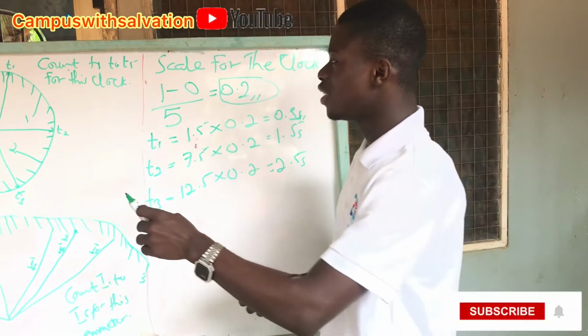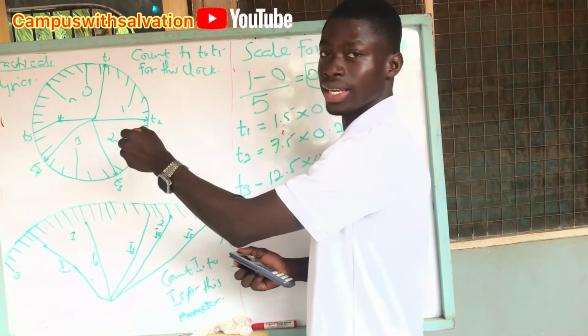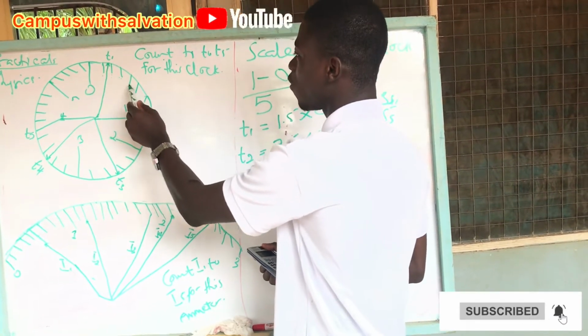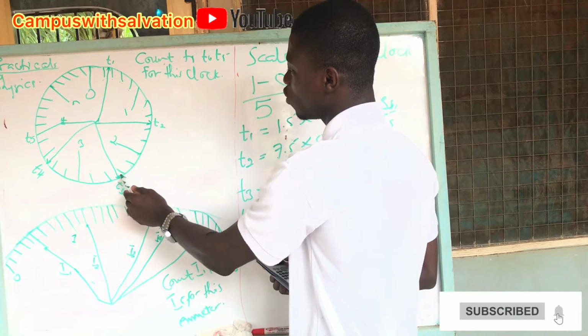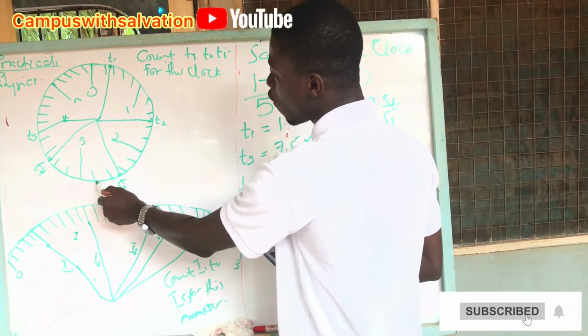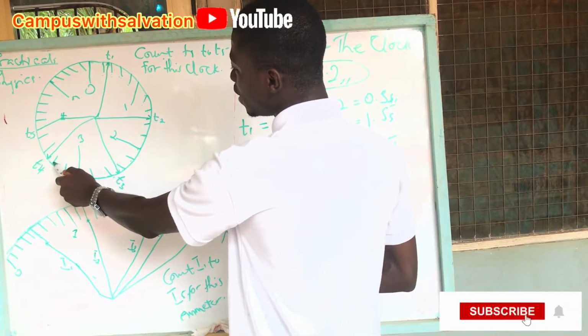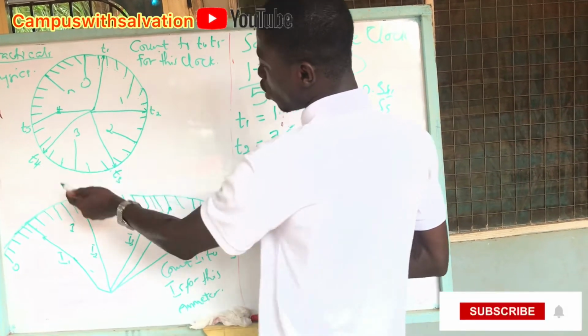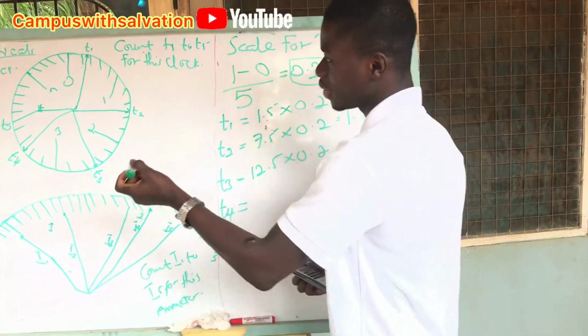Okay, T4. So let's start from here again. 1, 2, 3, 4, 5, 6, 7, 8, 9, 10, 11, 12, 13, 14, 15, 16, 17. So 17.5 because the arrow falls in between this and that.